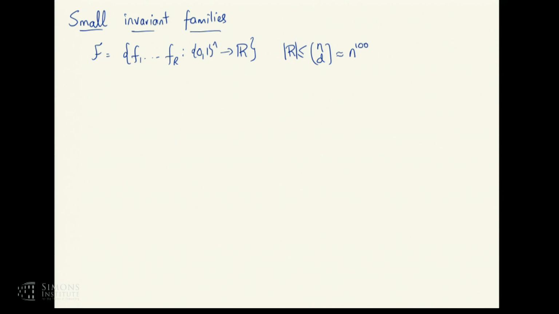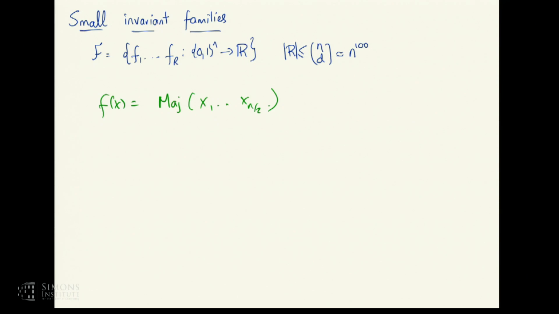Let's try it out. Suppose you had f of x equal to, let's say, majority on some n/2 coordinates. If you include this function in the family, then you would have to include every permutation of that, which means you'll have to include every majority on every subset of n/2 bits, so n choose n/2 different functions in your family.